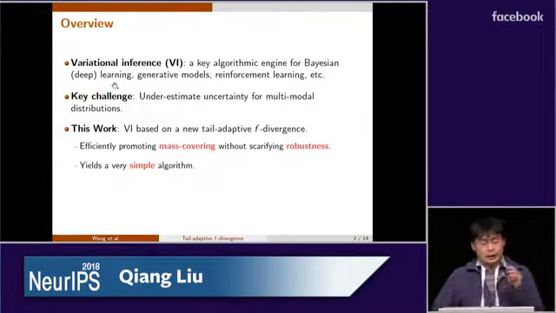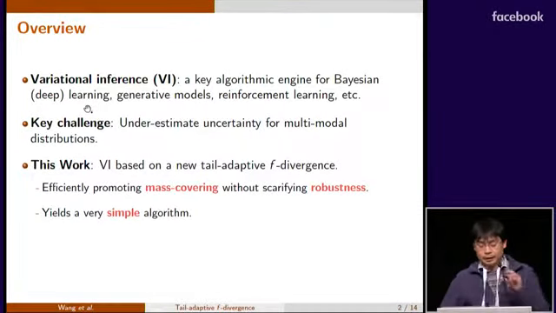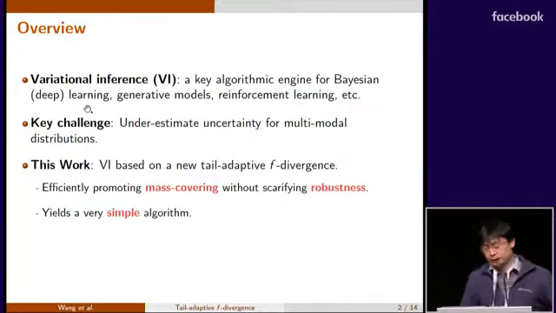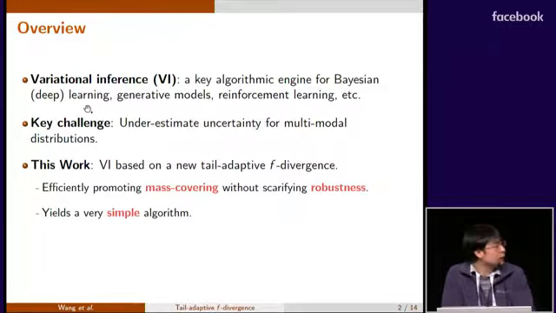As many of the talks in this session imply, variational inference is obviously a very important algorithm engine for solving lots of challenging problems, ranging from deep learning to reinforcement learning these days. One of the key challenges, however, is that typical variational inference tends to underestimate the uncertainty, especially for highly multimodal distributions.